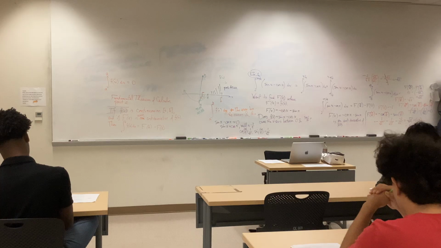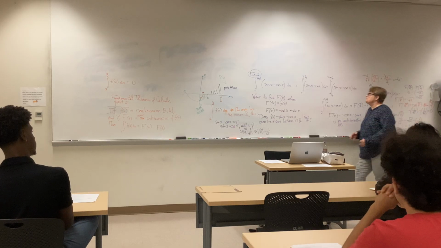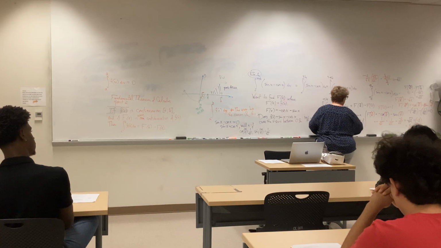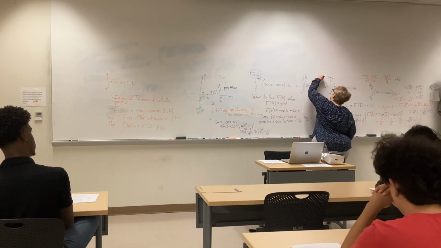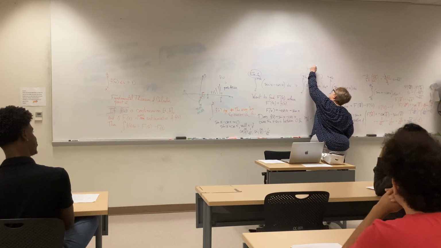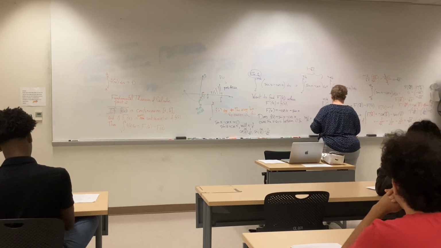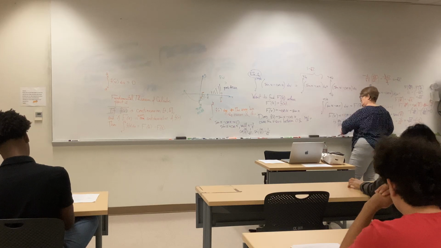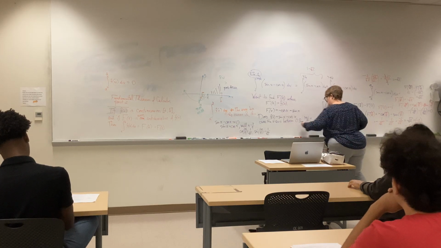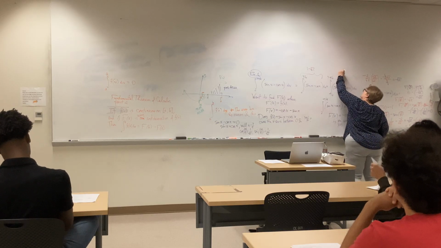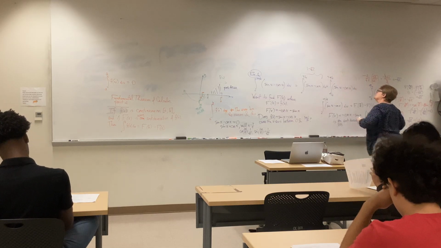Now, we have a value for this first bit. We said that this is equal to 1 minus root 2, and we have a value for the second bit. So this is square root of 2.